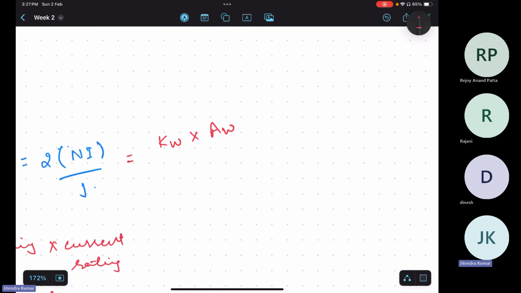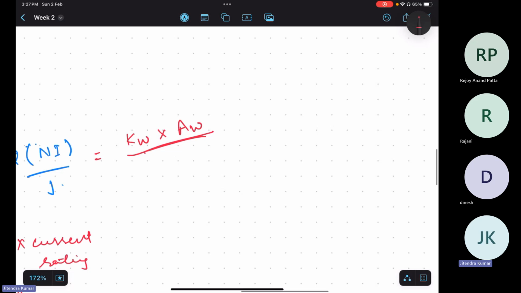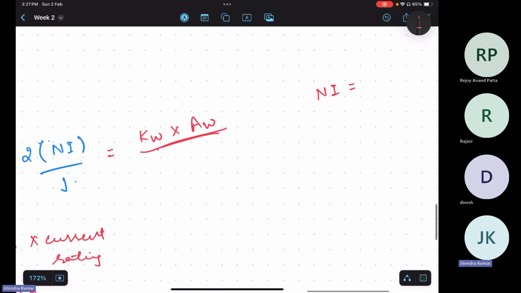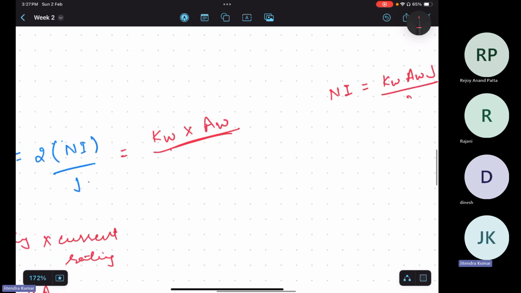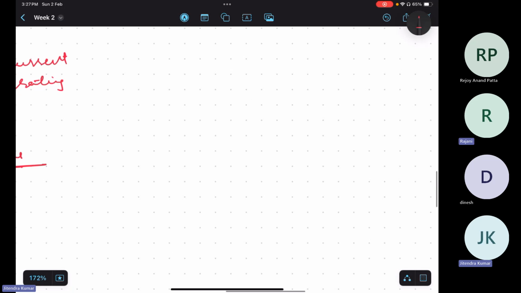So we can use this expression here: Kw into Aw into J divided by 2 is equal to Ni. So Ni we can use as Kw into Aw into J divided by 2.